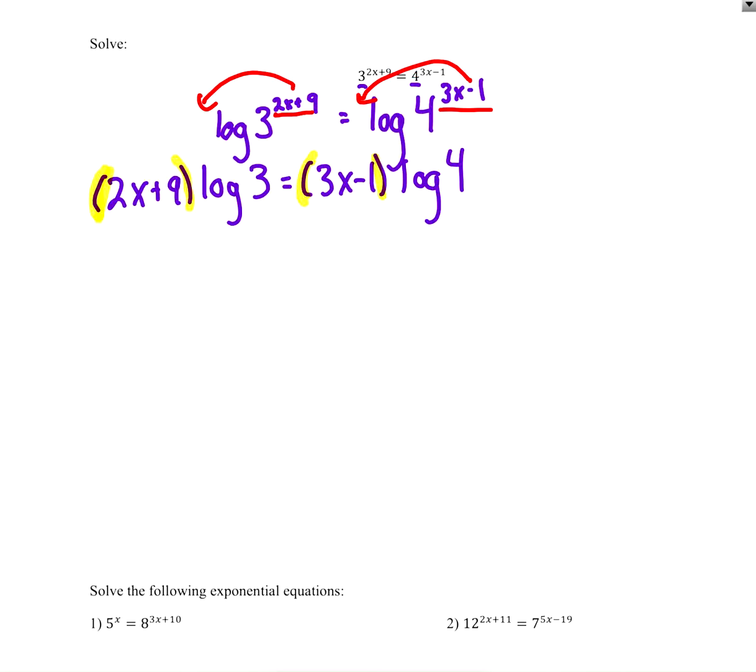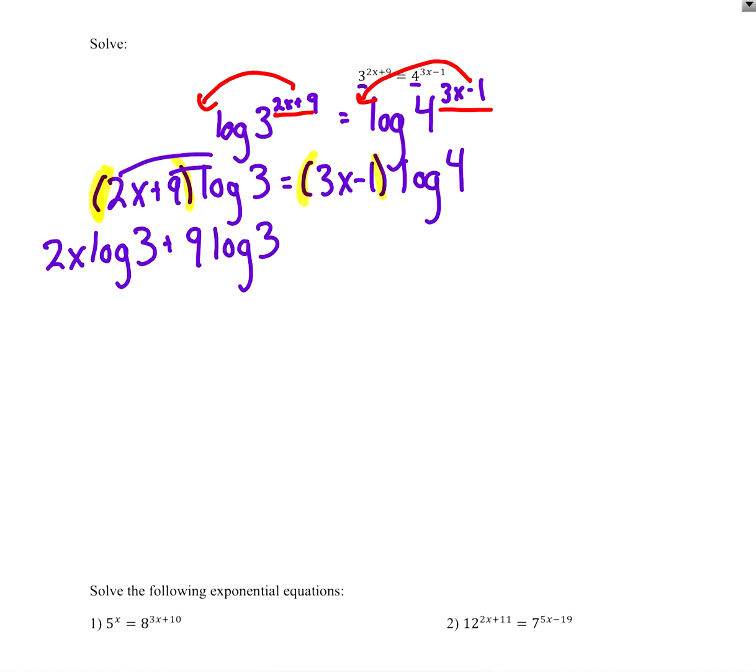You need to multiply everything of the exponent by log 3. So what I mean by that is this would now be 2x log 3 plus, and we multiply the 9 also, 9 log 3. If you don't write it with the parentheses, you're not going to see to do that. So make sure you write with the parentheses.